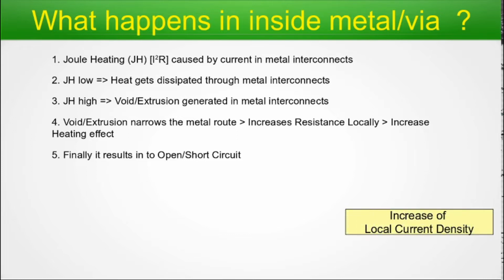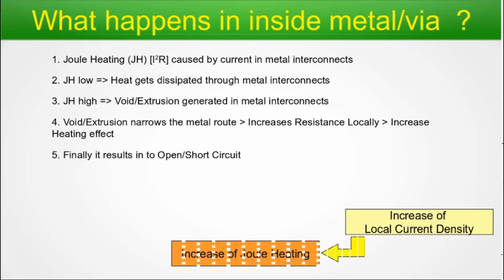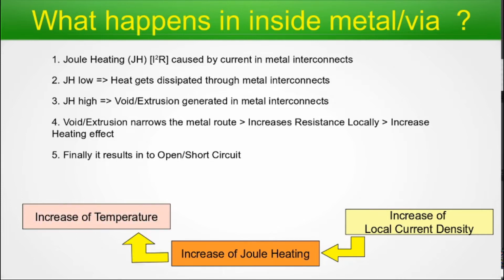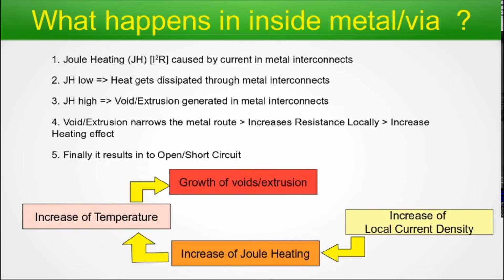So let's see pictorially what happens. First, the local current density increases. This causes an increase in Joule heating. This in turn increases the temperature. This in turn starts the growth of void or extrusion.